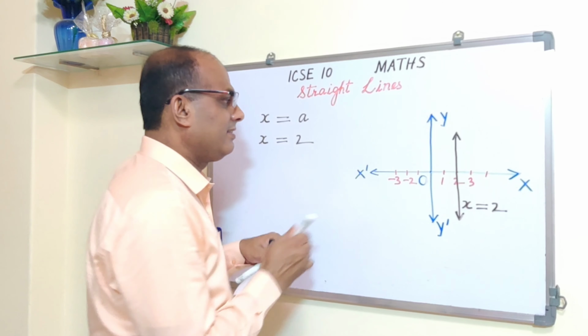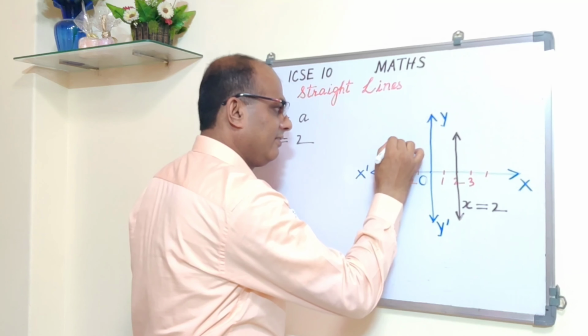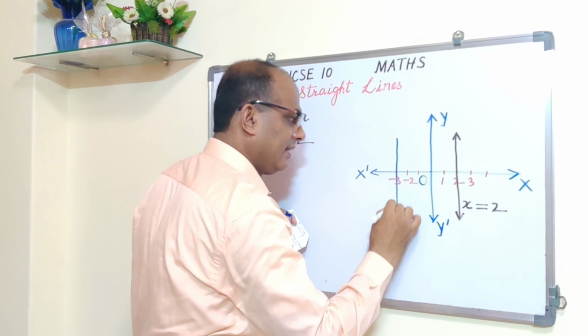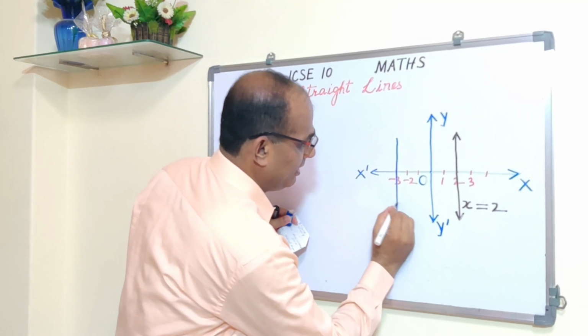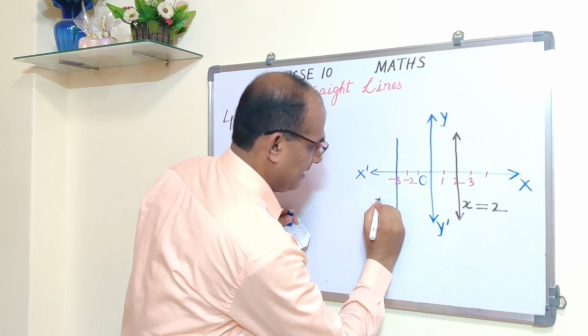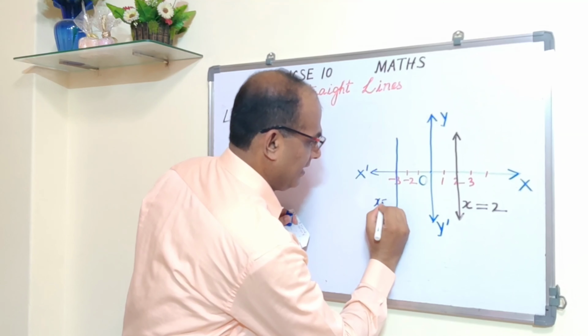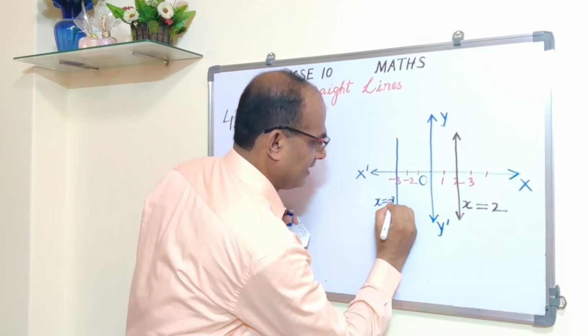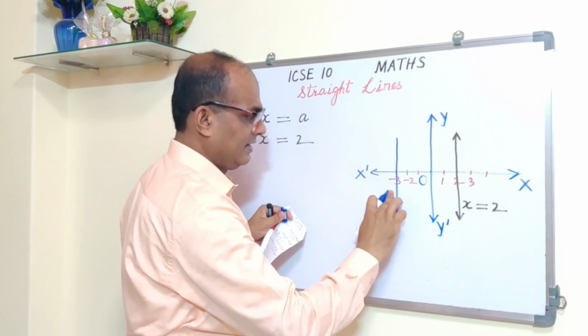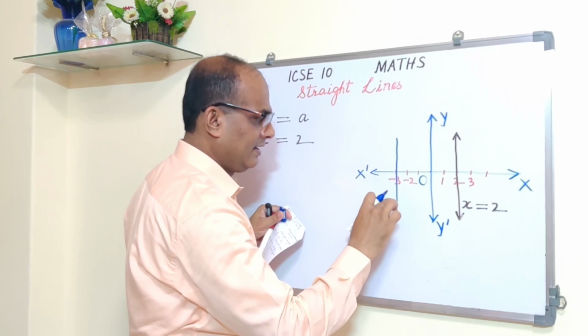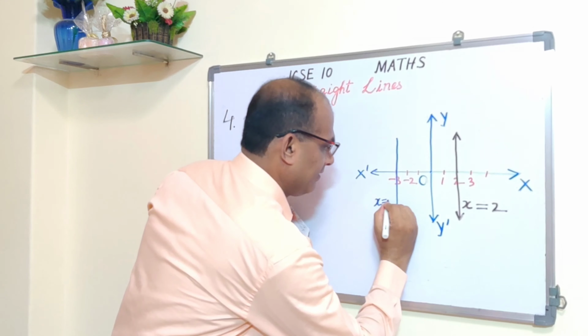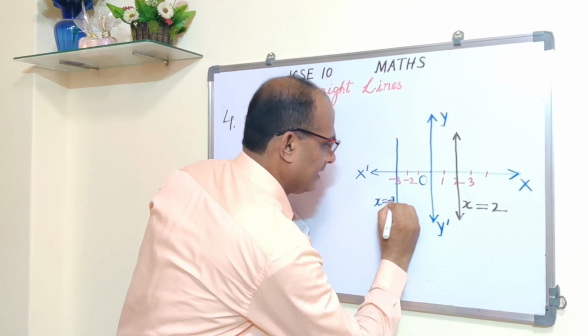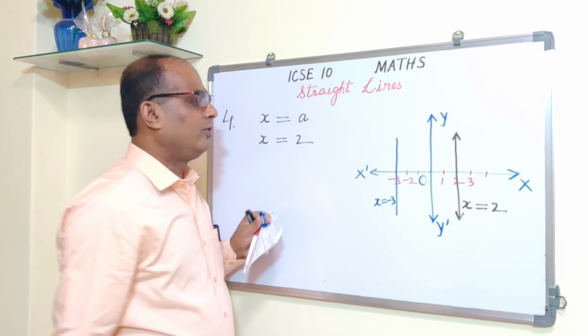This is your line, x is equal to minus 3. Got it? Clear?